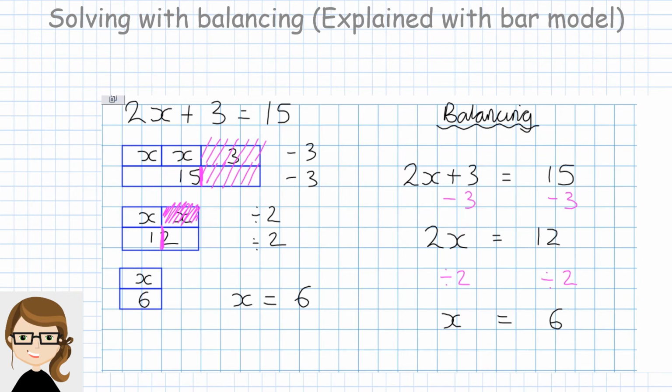So the left side, 2x plus 3, is the same as the top bar on the first part of the bar modelling side, and the right hand side, the 15, is the bottom bar. Moving on to the next section, the 2x is the top bar and the 12 is the bottom bar. And then finally we've just halved it, so the left hand side, the x, is the top bar, and the right hand side, the 6, is the bottom bar.